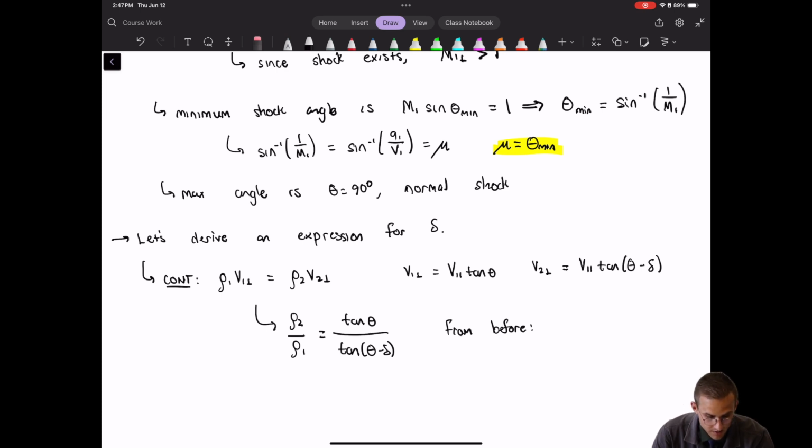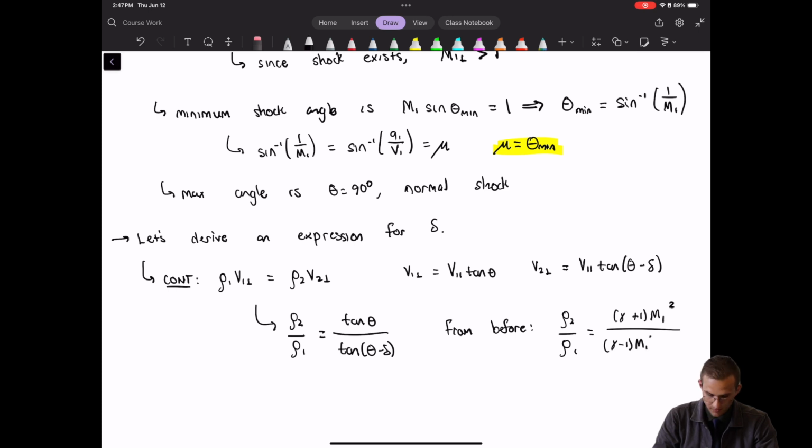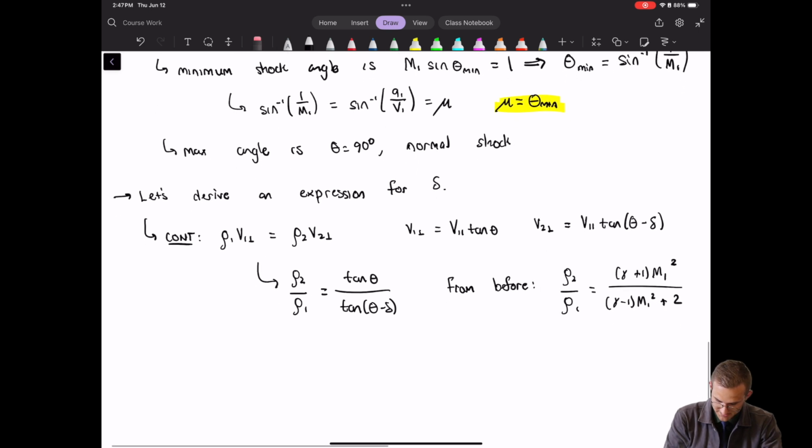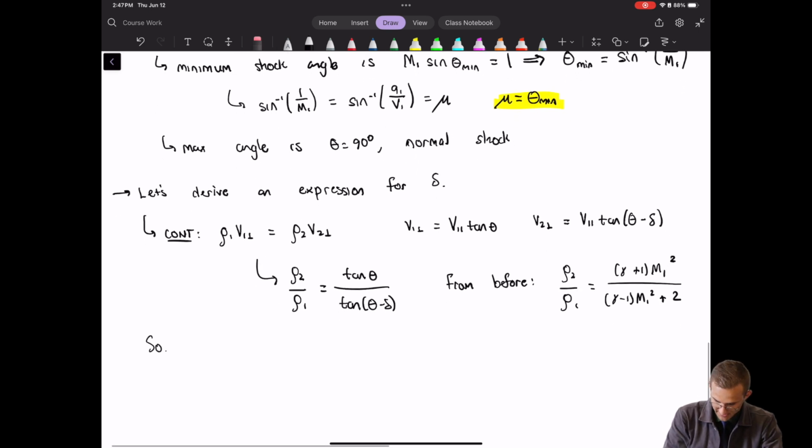We also know from before, we've already noted this equation just earlier in this lecture, that rho 2 over rho 1 is equal to gamma plus 1 m1 squared over gamma minus 1 m1 squared plus 2. Okay? So if we set these equal to each other, we end up with tangent of theta over tangent of the quantity theta minus delta is equal to, of course, let's substitute in the perpendicular.